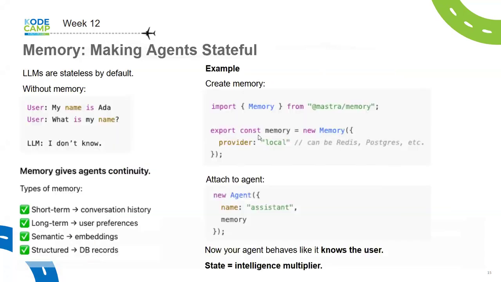Okay. Then memory. So memory is the other interesting thing, of course. Memory is what makes AI agents even more intelligent because they are able to remember previous conversations, and they're able to converse with you in a sensible manner because they can remember previous conversations, right?